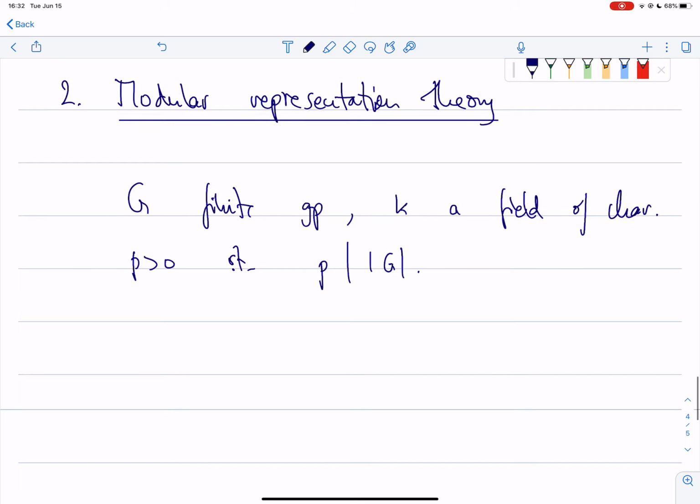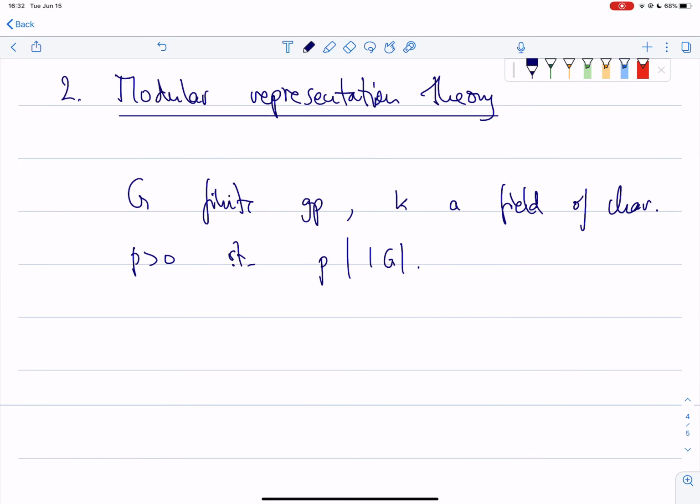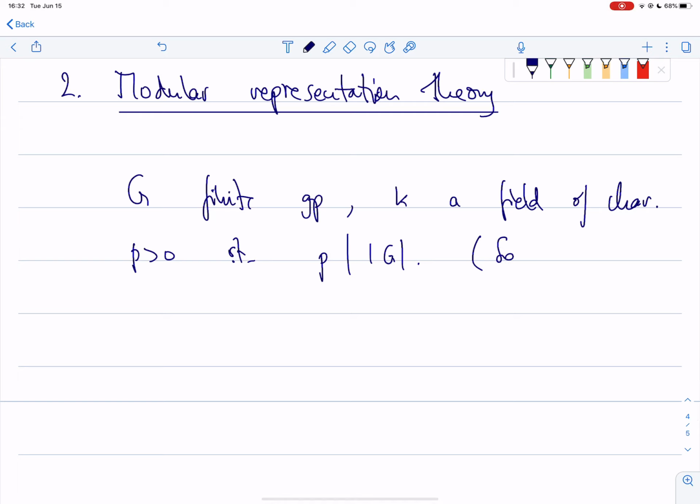And what modular representation theory is about is the case where kG is not semisimple. So what does it mean? It means that there are modules which are not projective. And so what you could do is say, let's look at the kG-modules, where the small m means finitely generated.